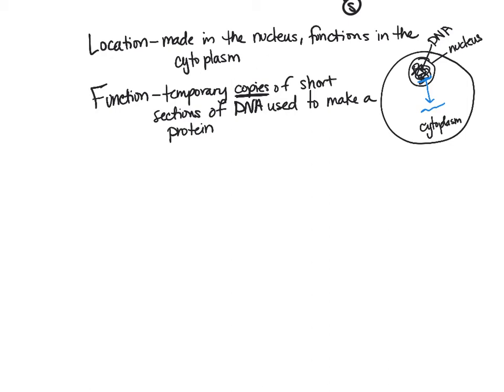So the first type of RNA is called messenger RNA. So we do a little m, messenger RNA is the short name for that. So our first one, messenger RNA.